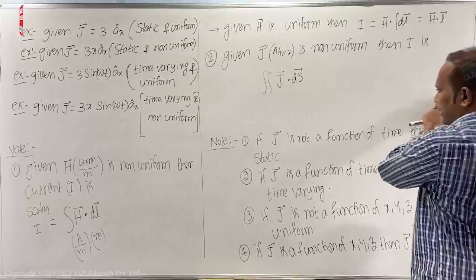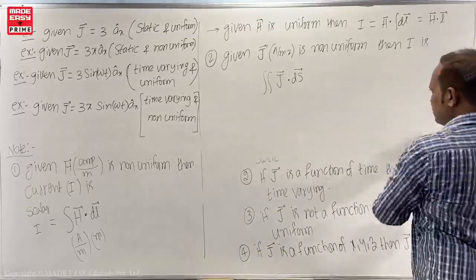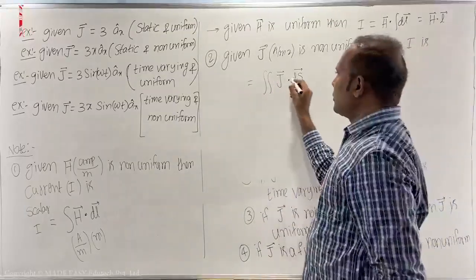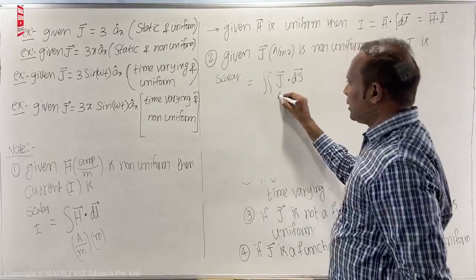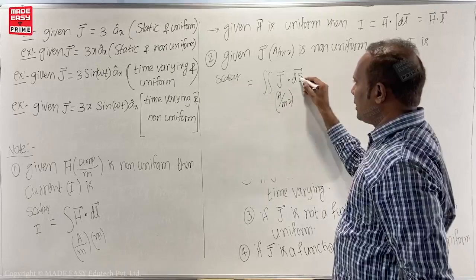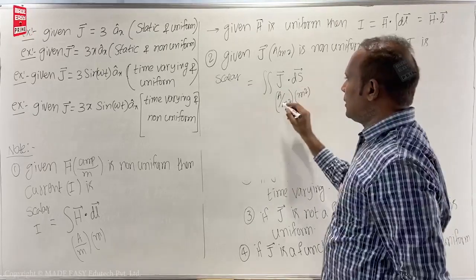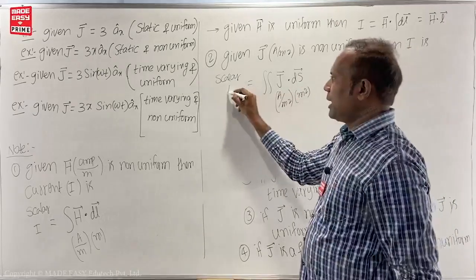Then what will happen, students? This dot product gives a scalar, current is a scalar, and the unit of J bar is ampere per meter square and ds bar is meter square, so meter square cancels and you get ampere. Ampere means current.